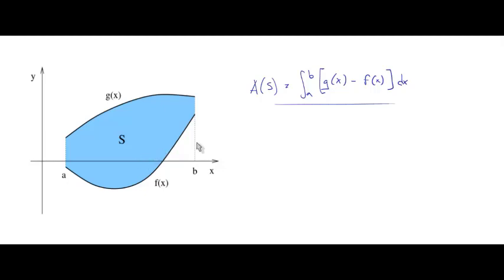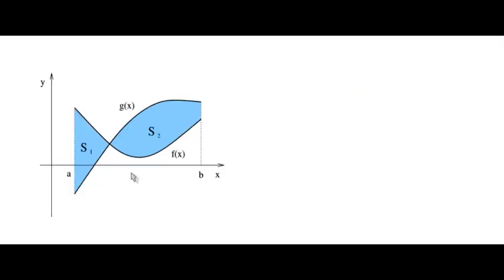But this is not general, because sometimes we have a function g like this and f like this that cross over, and we want the area of both regions. So we need to find the intersection, the point where f and g intersect. Here this is f and this is g.